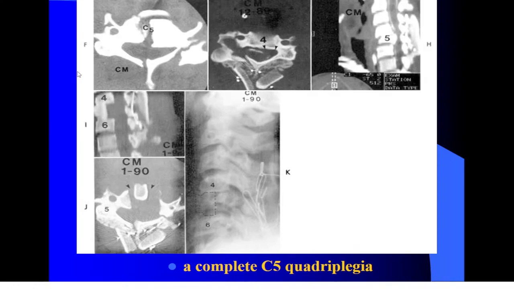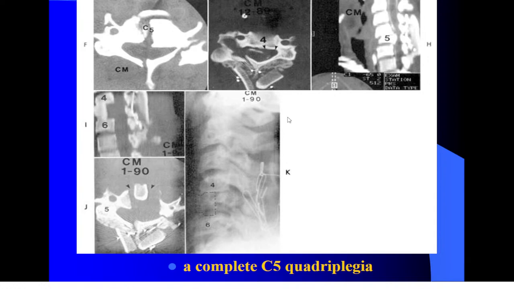And take a look, if the direction of implantation is improper, if it is too lateral, then you will damage the vertebral artery, which is located in the area of the transverse foramen. If you put it too medial, you will damage the spinal nerve, which is located right here at the lateral part of the vertebral canal, and then leaves the canal through the intervertebral foramen.